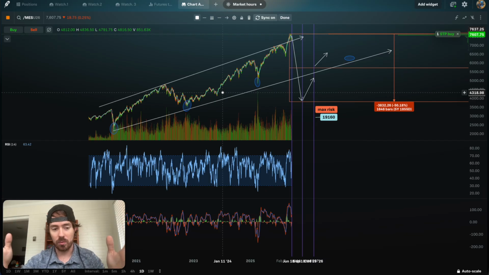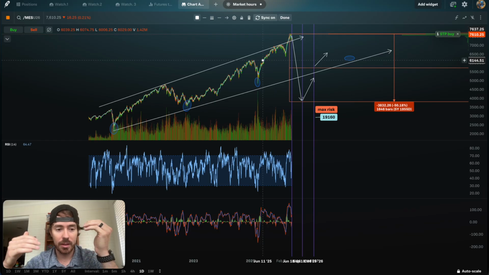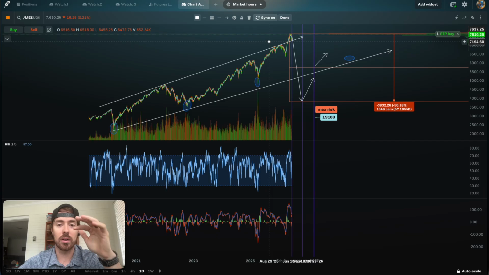This is the whole thesis behind it, is every time you've seen the S&P crash, not only does it recover here, here, look, crash, recover here, crash, recover here. Not only does it meet where it was, but it what? Exceeds it. So that's your whole thesis on why this works.